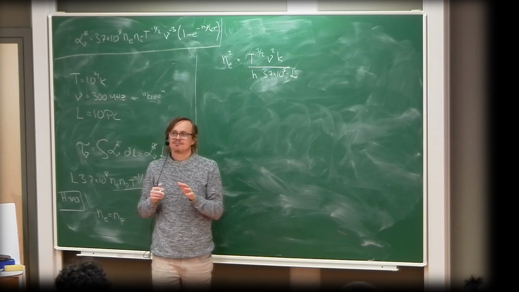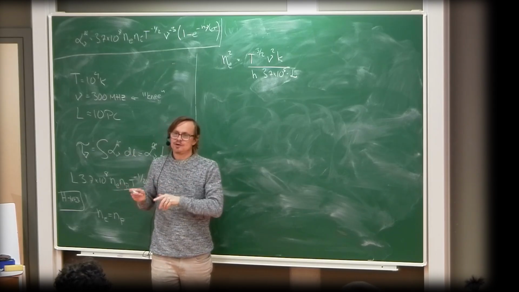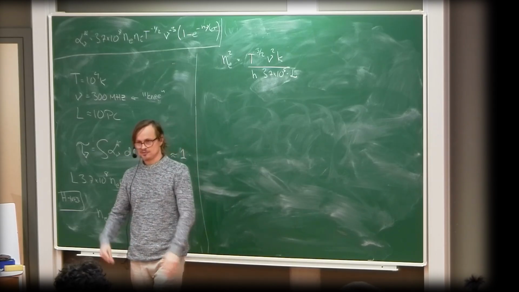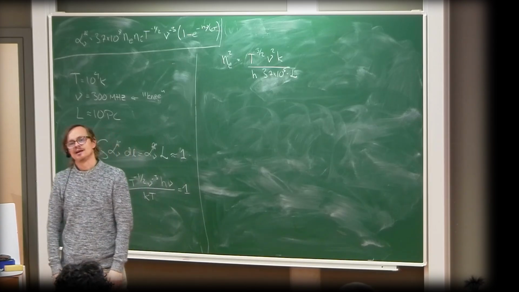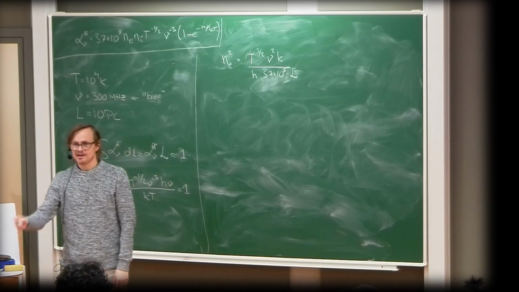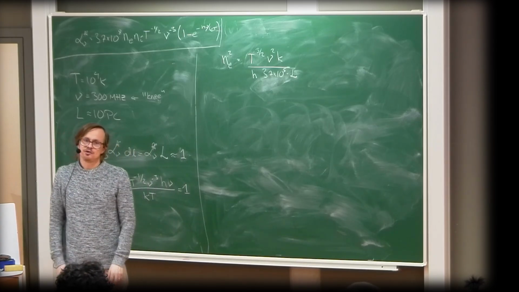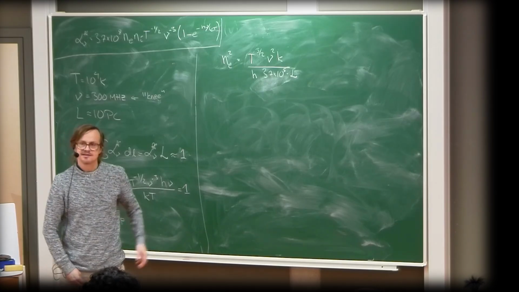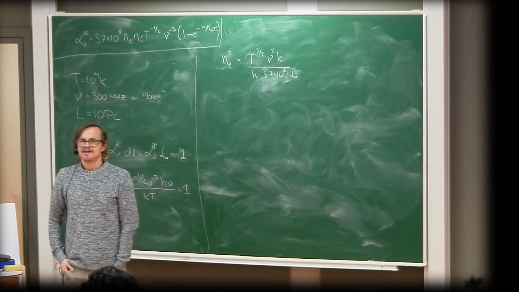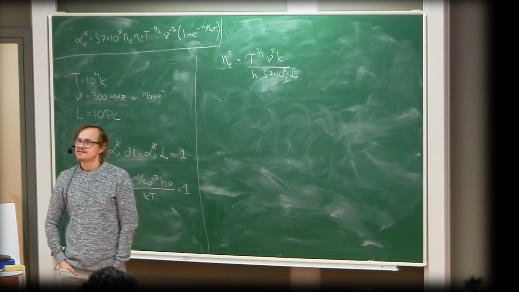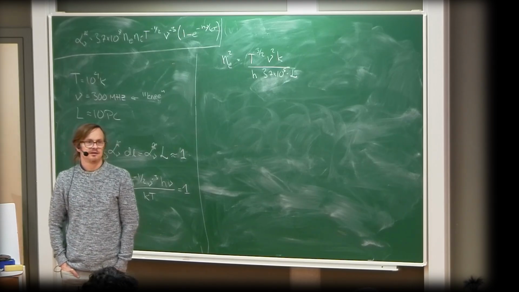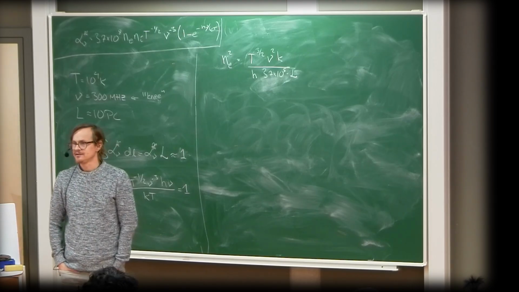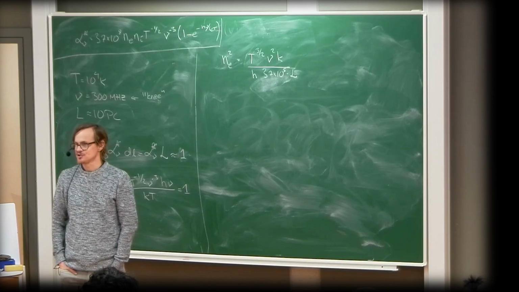And for example, in an exam, if you get an estimate where the density of the nebula is higher than the density of the room in your classroom, then you should be a little bit suspicious that you did a calculation error.